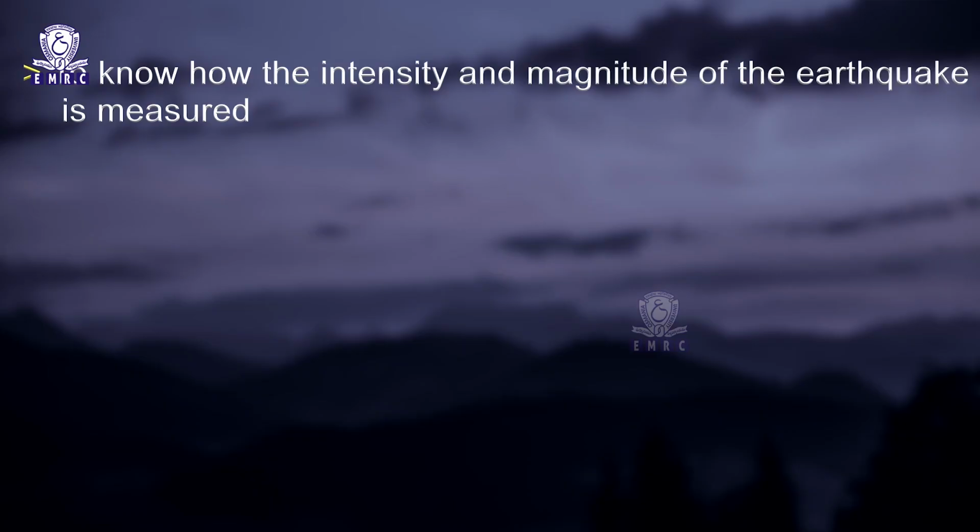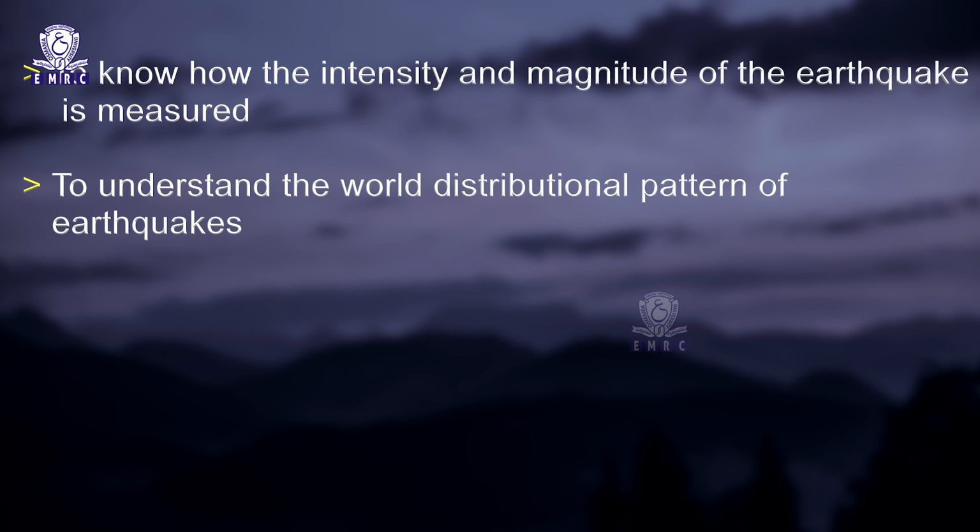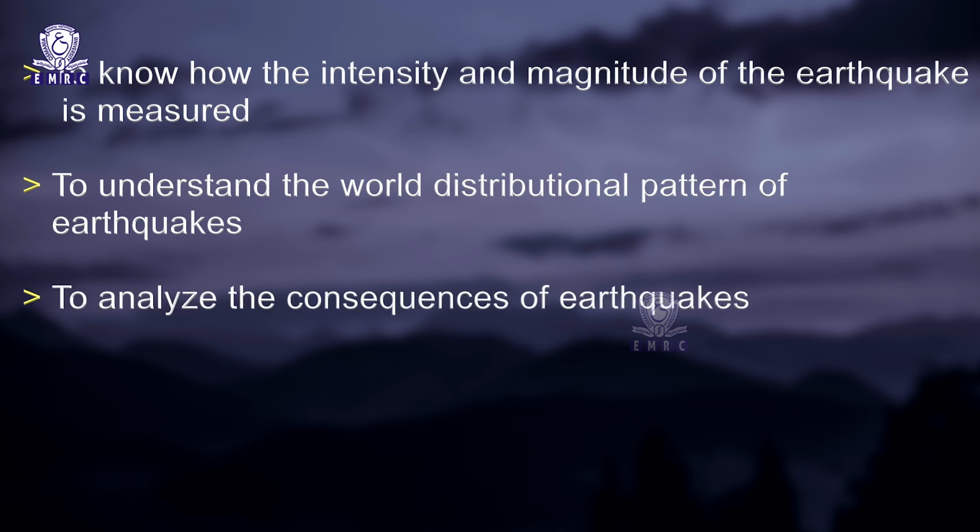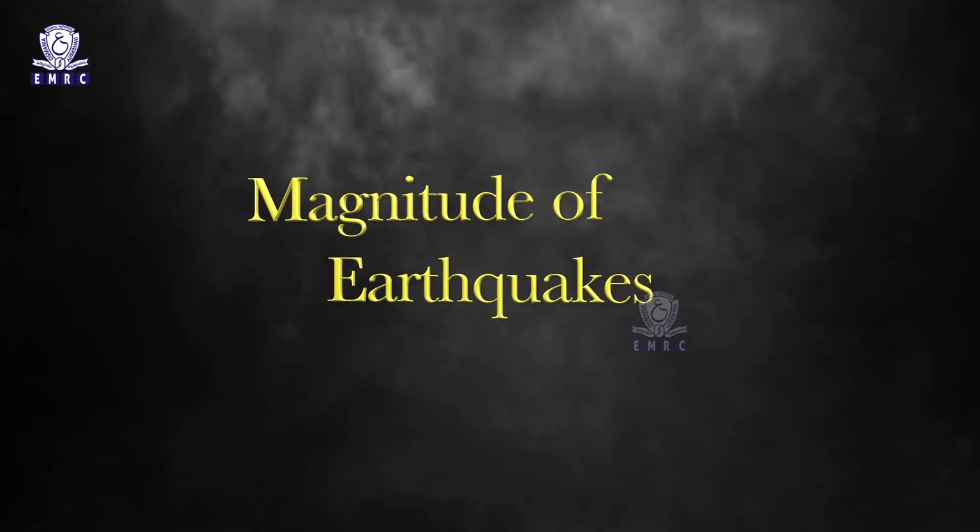With these questions in mind, the main aim of the lesson is to know how the intensity and magnitude of the earthquake is measured, to understand the world distributional pattern of earthquakes, and to analyze the consequences of earthquakes.